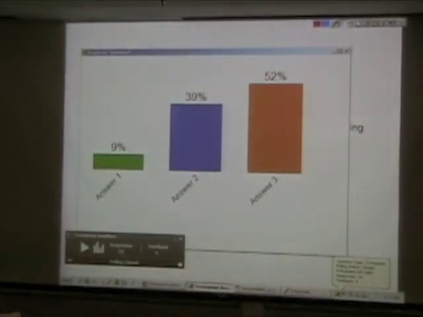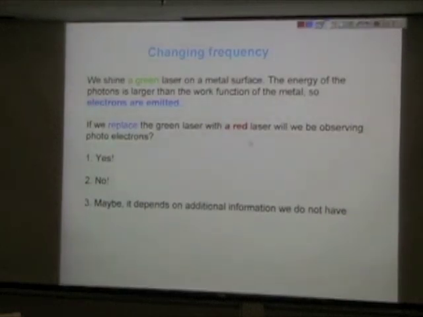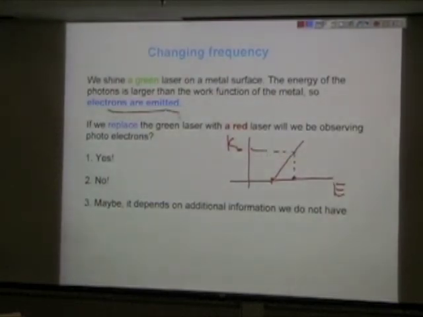Good. Now we cannot say for sure, because what we're doing now, basically on a graph, that's the maximum kinetic energy, photon energy. This is the work function. We've been somewhere here because the problem says we are observing some electrons.